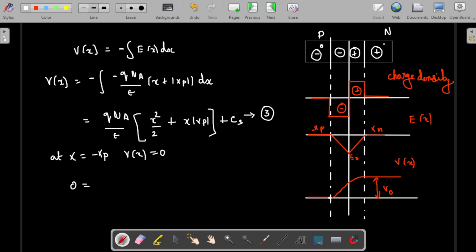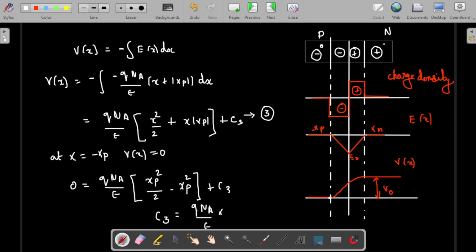So 0 equals Q Na divided by epsilon times xp squared divided by 2 minus xp squared plus C3. If we cancel it, it becomes minus 1 by 2 xp squared, so C3 equals Q Na divided by epsilon times xp squared divided by 2, moving it to the other side so it becomes positive.